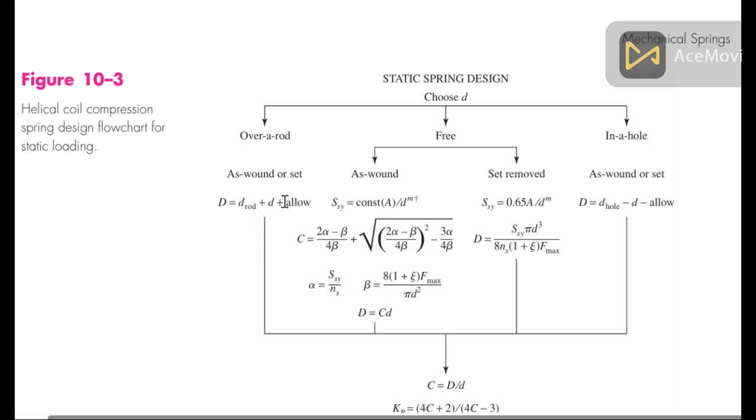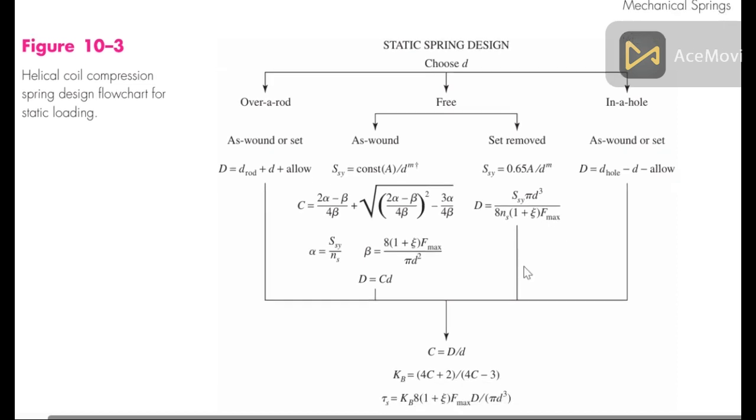These are the formulas of d for the different cases. This is basically the formula for C, that is 2A minus B divided by 4 alpha, plus the square root of ((2 alpha minus beta) divided by 4 beta) whole square minus 3 alpha divided by 4 beta.